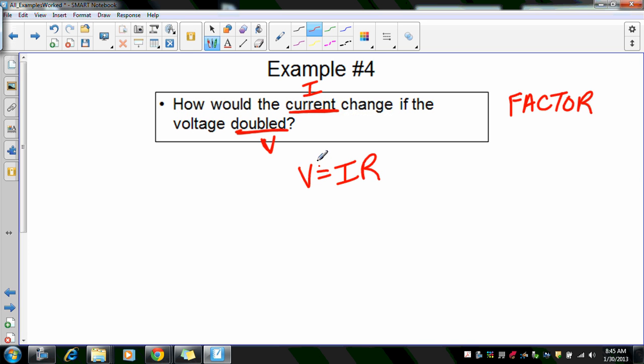So V is changing, I is changing, R is not. So we're going to cross it out. So we're left with V equals I. Voltage doubles, so current will also double. This is a direct relationship. Current and voltage have a direct relationship, so if one increases, the other increases. Voltage doubles, current doubles.